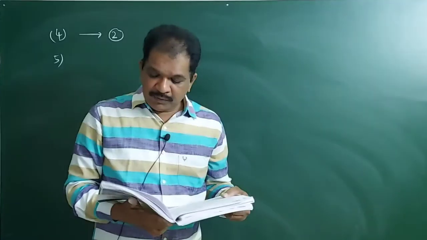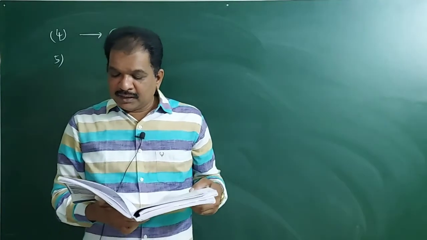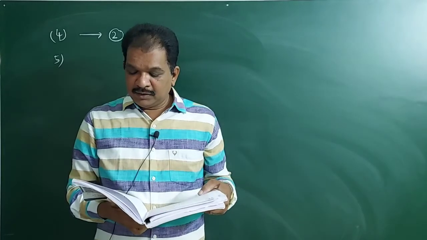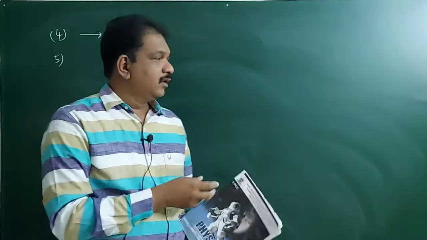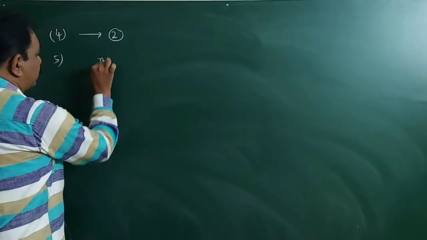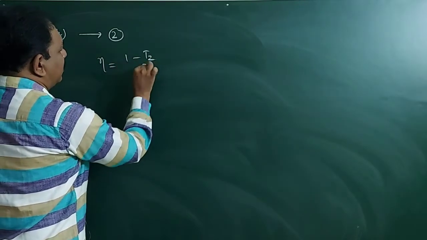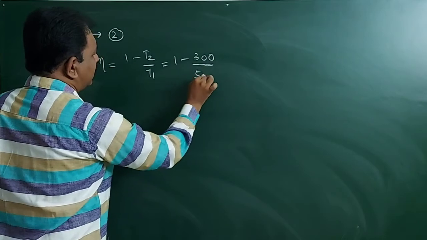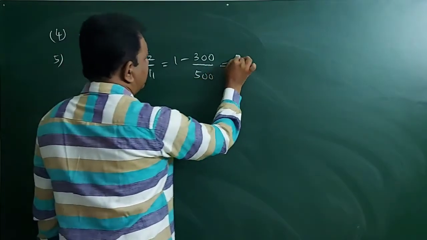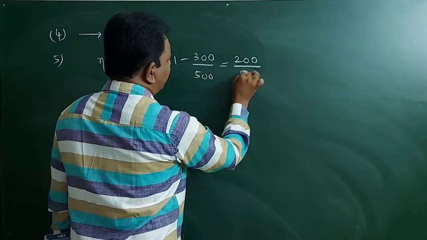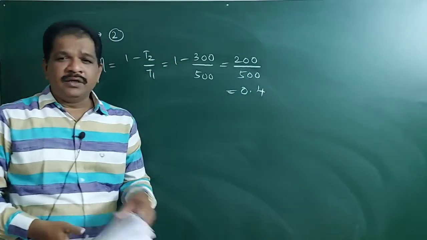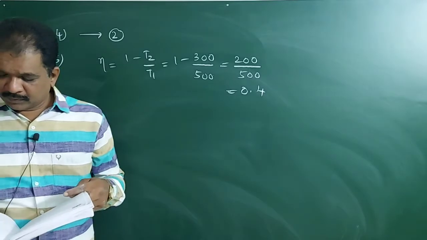Question number 5. What is the efficiency of the heat engine? T1, T2 values are given. Eta is equal to 1 minus T2 by T1, 300 by 500, so 200 by 500, 0.4.